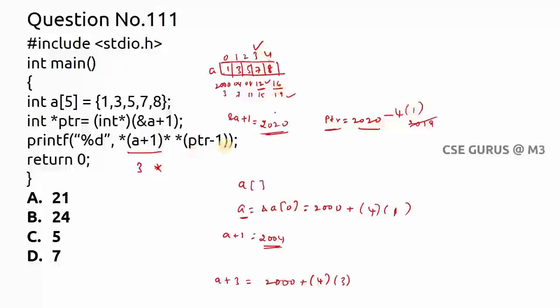So ptr - 1 means the address is 2016. What is the value inside 2016? 8. So 3 times 8, what is the answer? 24. So like this it will allocate, especially if you consider the concept of pointers, and when you assign like this, that is &a + 1. So the answer is B.